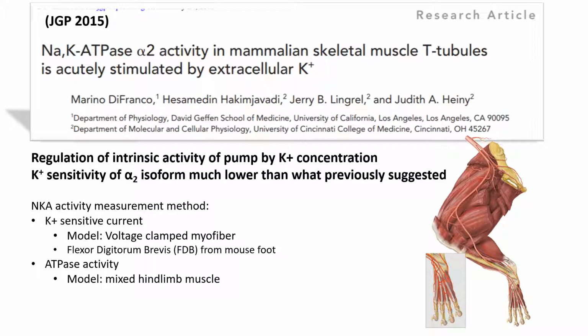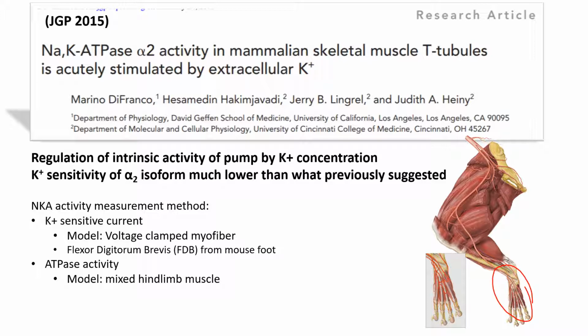with two methods. First, by measuring potassium-sensitive current in voltage-clamped myofibers isolated from the flexor digitorum brevis muscle from the mouse foot, or FDB muscle myofibers.